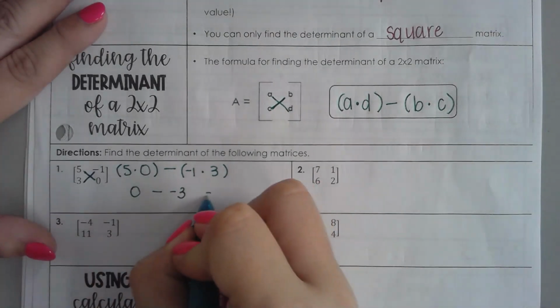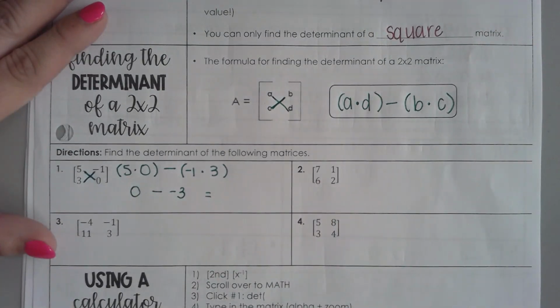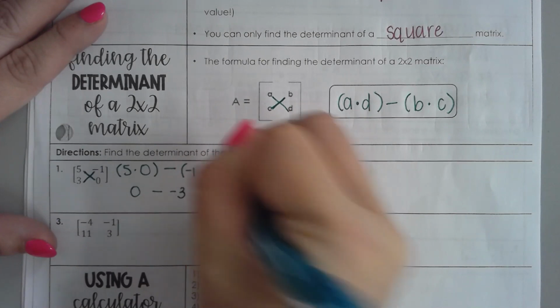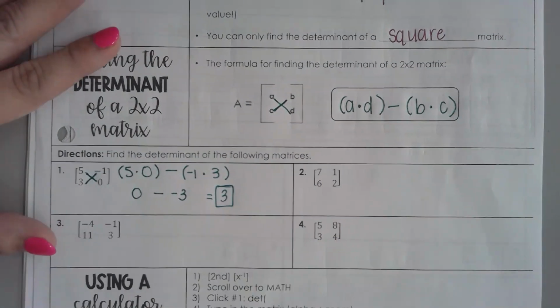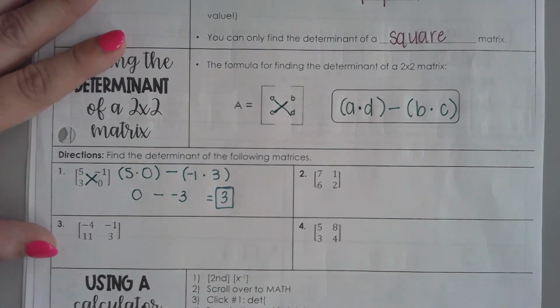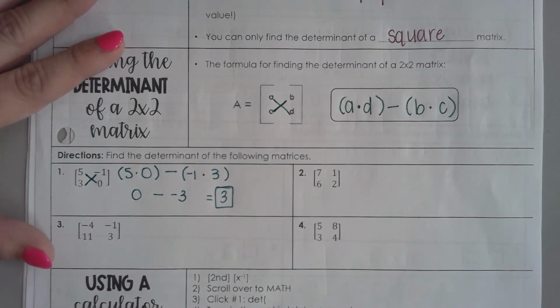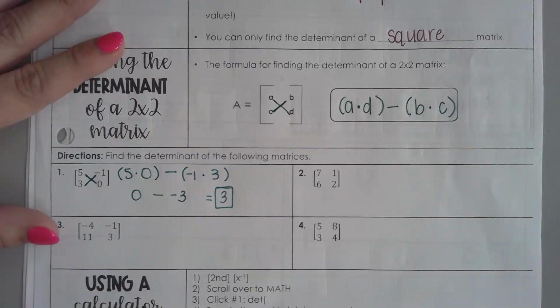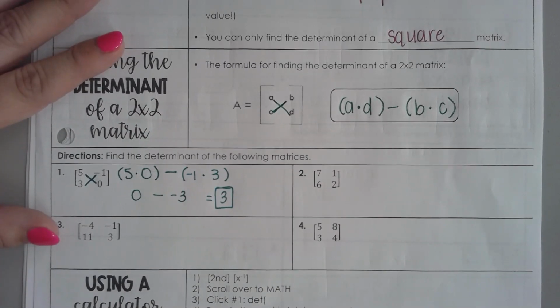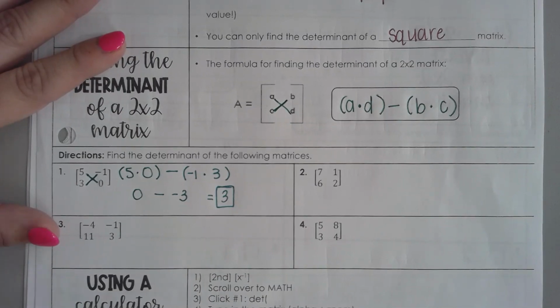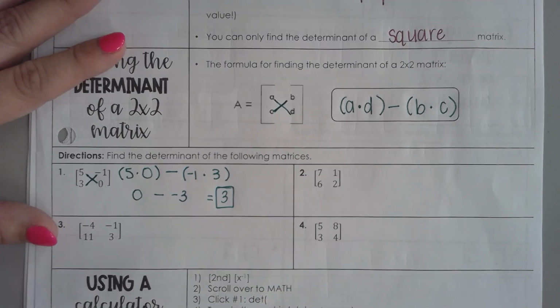And what is 0 minus -3? 3. Positive 3. A minus and negative turns into a plus. So 0 plus 3. Any questions? Is that it? That's it for determinant. Well, I don't think it's as easy because you have a formula to remember. But it's still pretty easy.